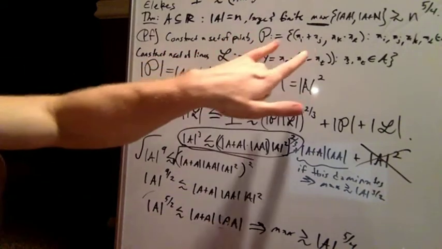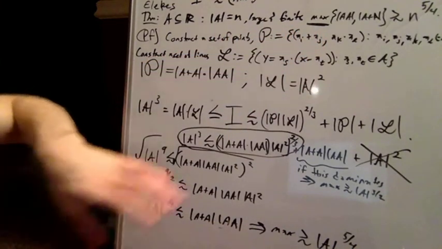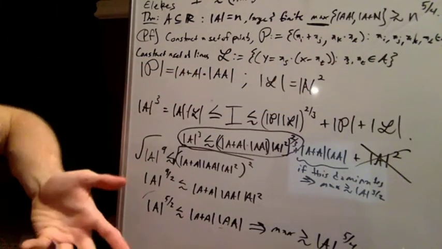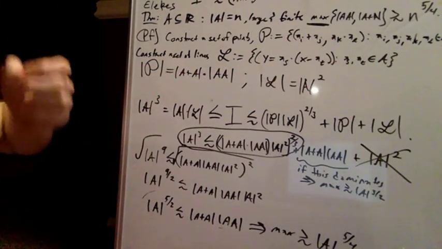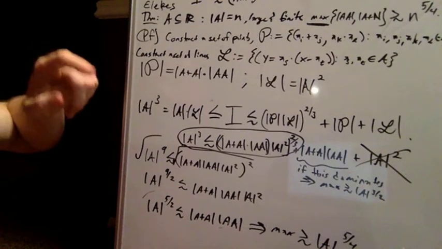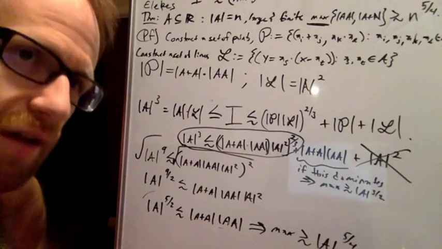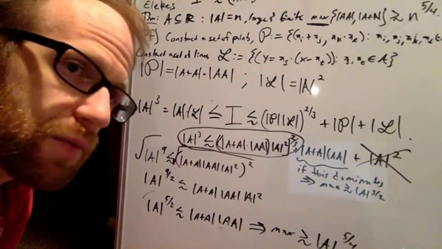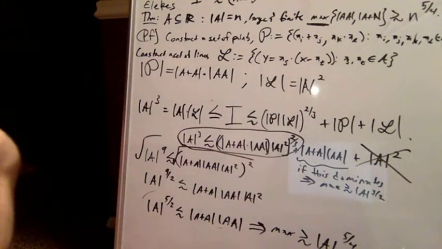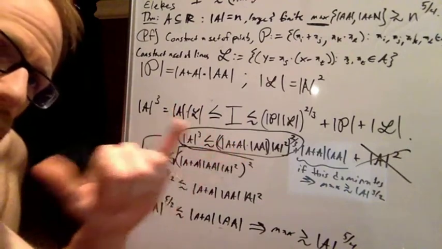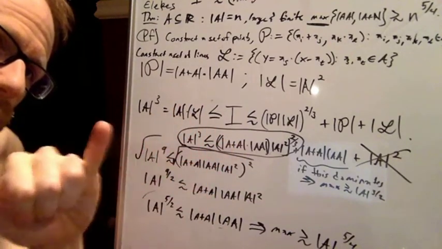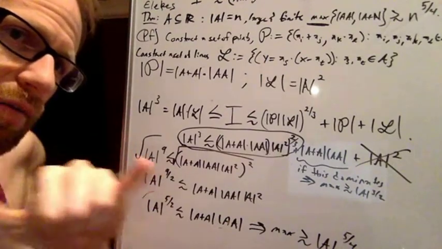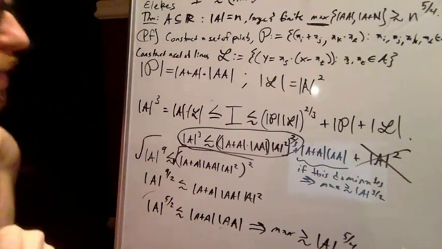Well, we made a set of points in the plane which consisted of sums and products of elements in our set A. Then we constructed a set of lines which mapped the sums to the products. So this kept track of some sort of correspondence between sums and products. Once we were able to get traction on this correspondence, we were able to use the Szemerédi-Trotter point-line incidence theorem.